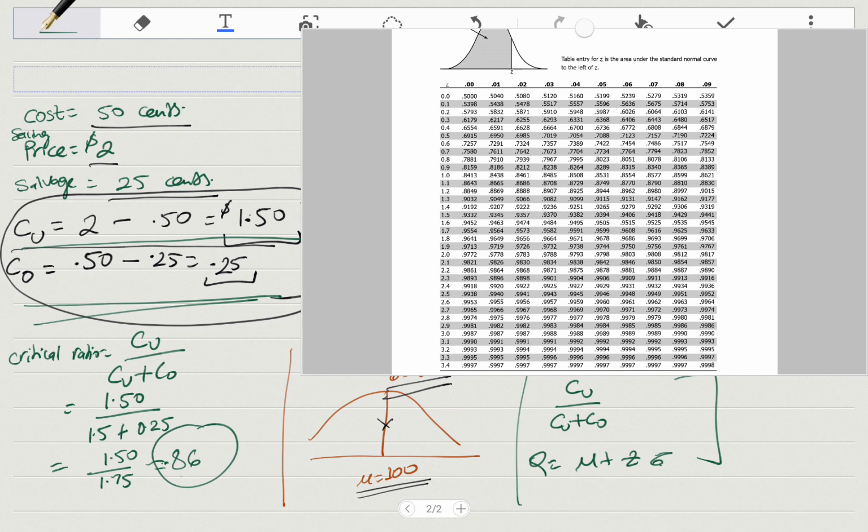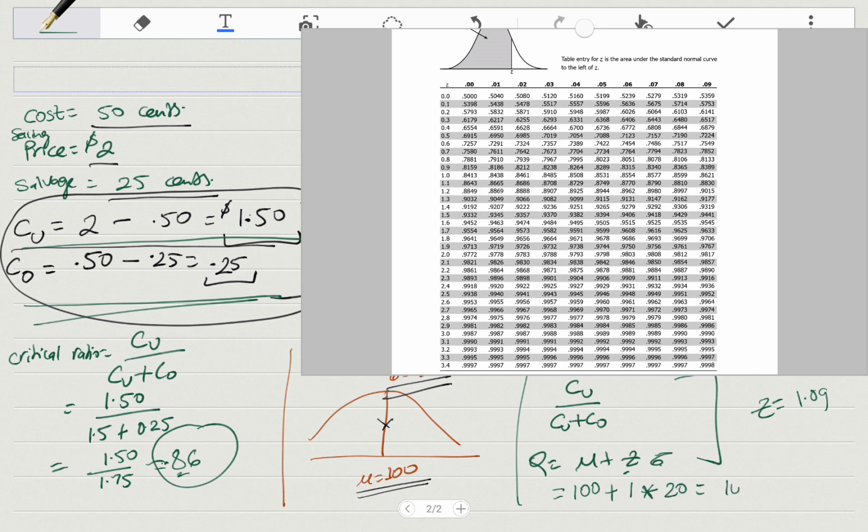So our Z, the equivalent Z for 0.86, is 1.09. Let's just take 1 to make our life a little simpler. So you have to order mu equals 100 plus Z equals 1 times sigma equals 20, so 100 plus 20 equals 120.